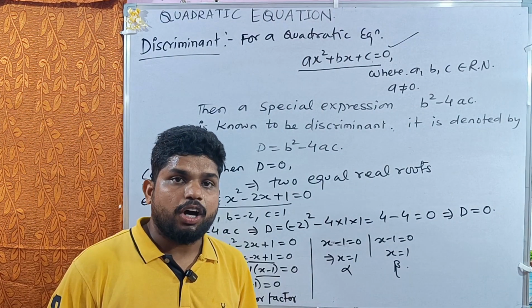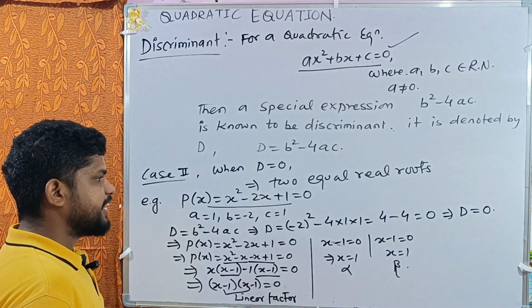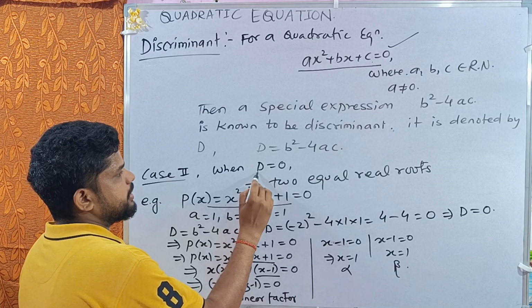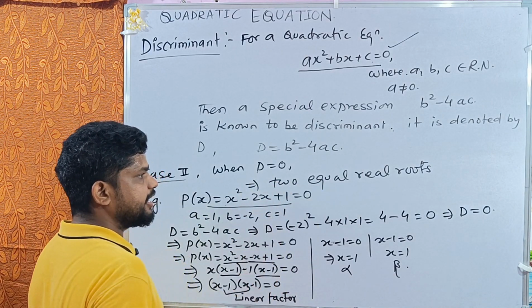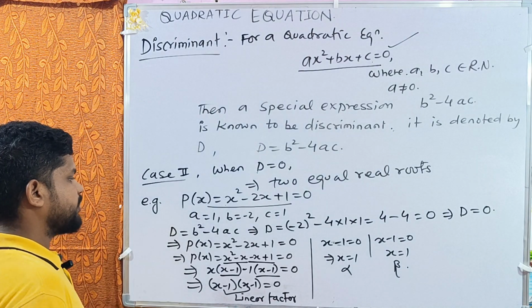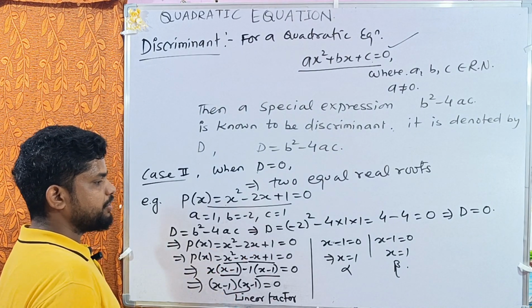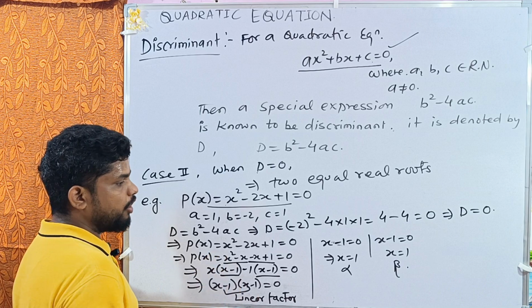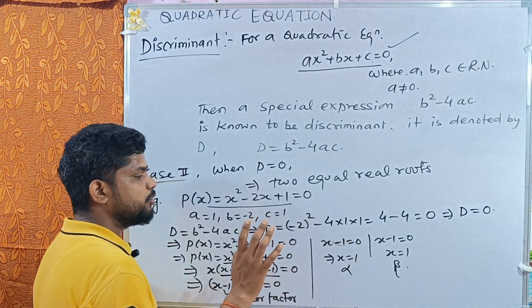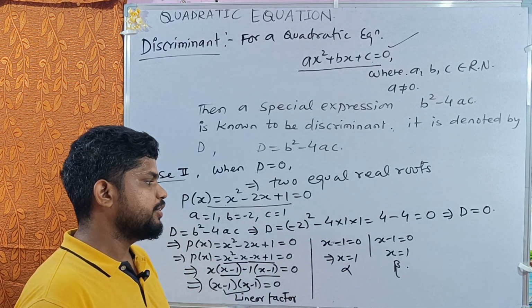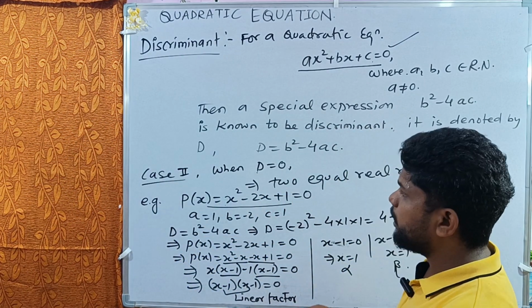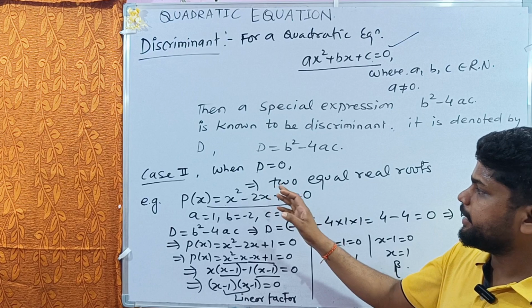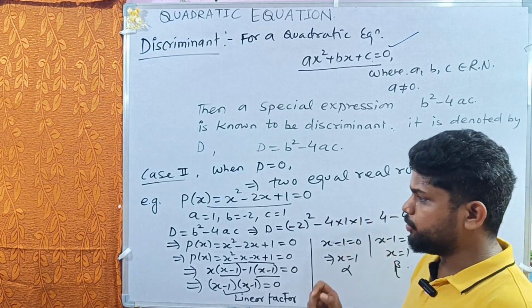Dear students, as you can observe, for the discriminant equal to 0, we should have two equal real roots, and for this particular quadratic equation which we have taken, we have got the value of alpha and beta equal to 1. Both have the same value, so both alpha and beta are equal. So this is what we get: when the discriminant is equal to 0, we will get two equal real roots.